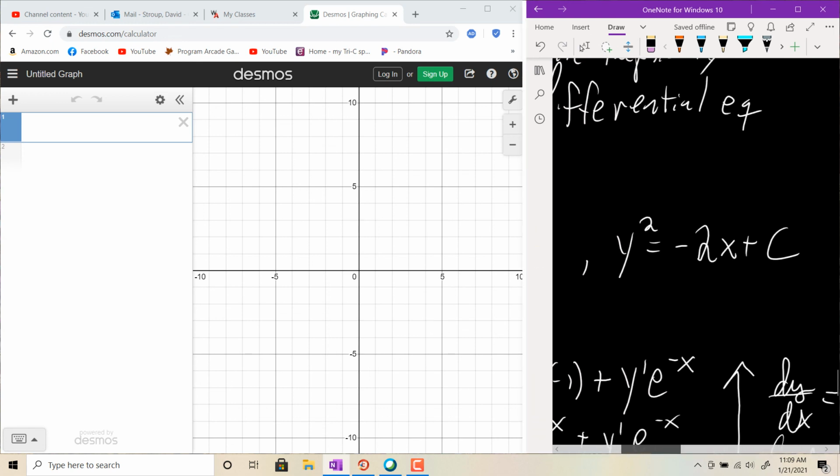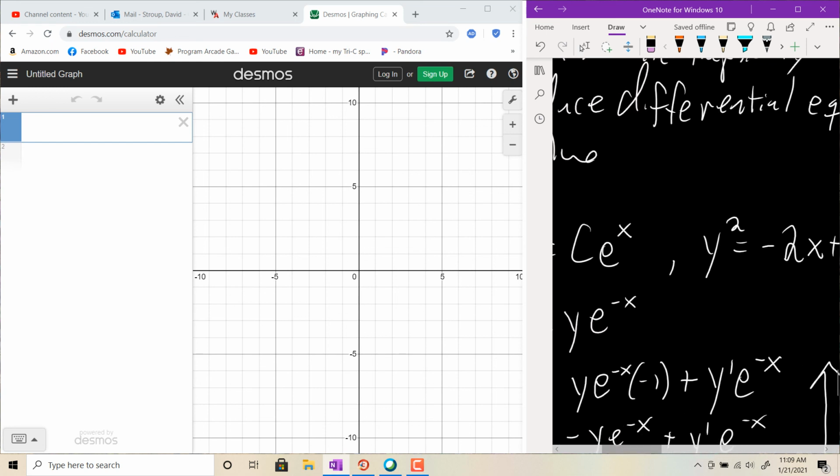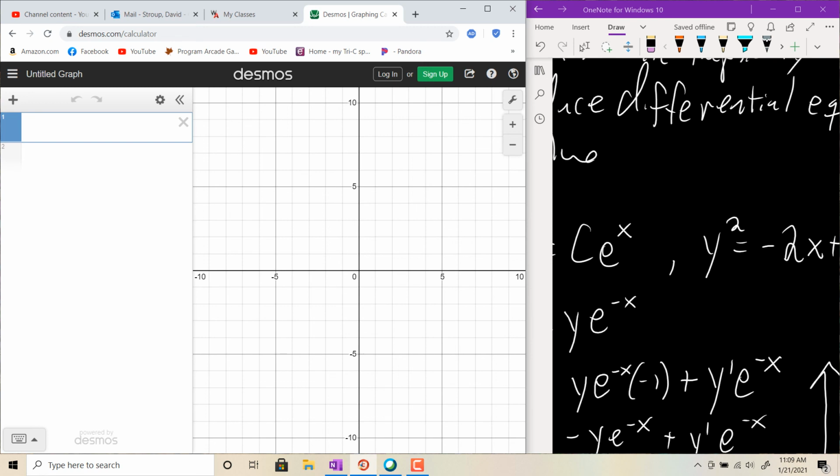Here are our curves. Okay, so y equals a e to the x, and let's get a slider going there.